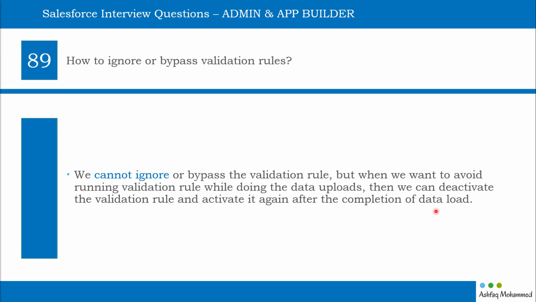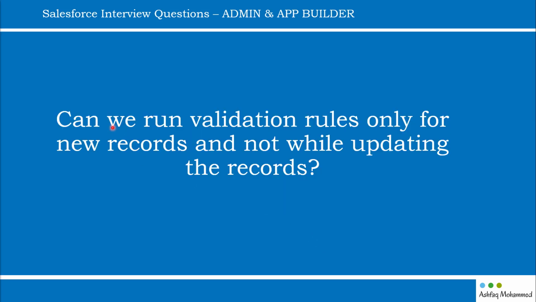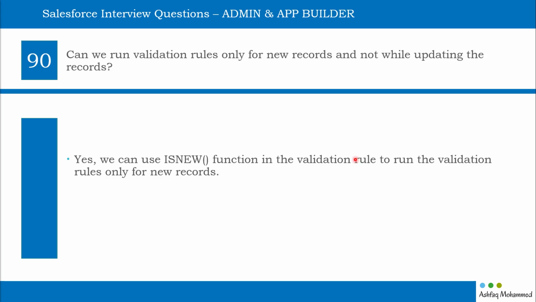Next, can we run the validation rule only for a new record and not while updating records? I want to see the validation running only for new records, and I don't want the same validation message when someone is updating the record. Can we do that? Yes, we can.